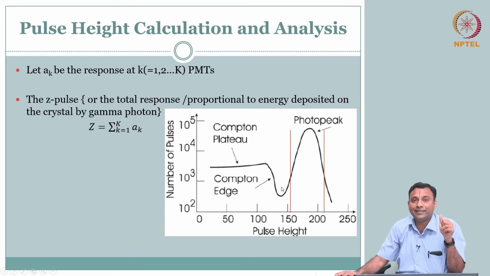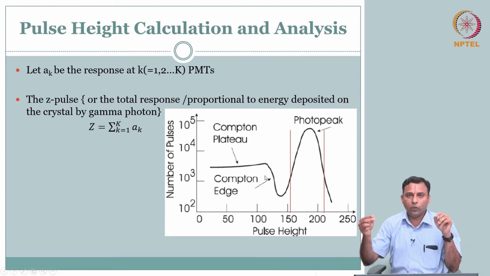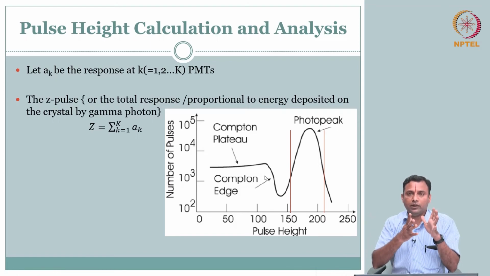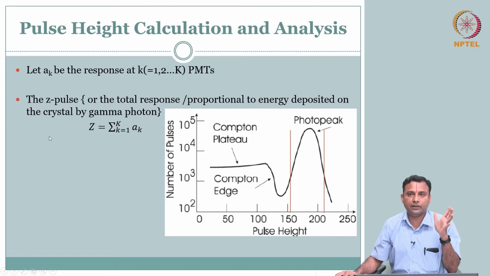Your signal to noise ratio, remember. So the idea is this analysis is important. One scintillation produces an output. That output we call the Z pulse, the sum of all photomultiplier tubes.